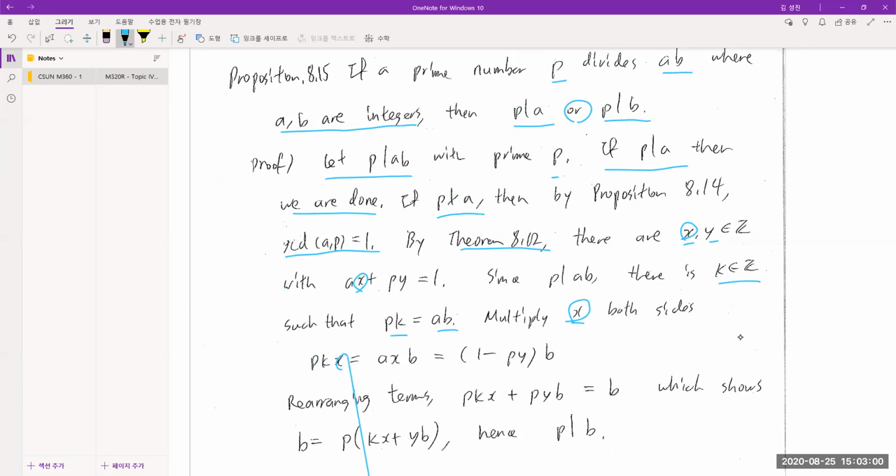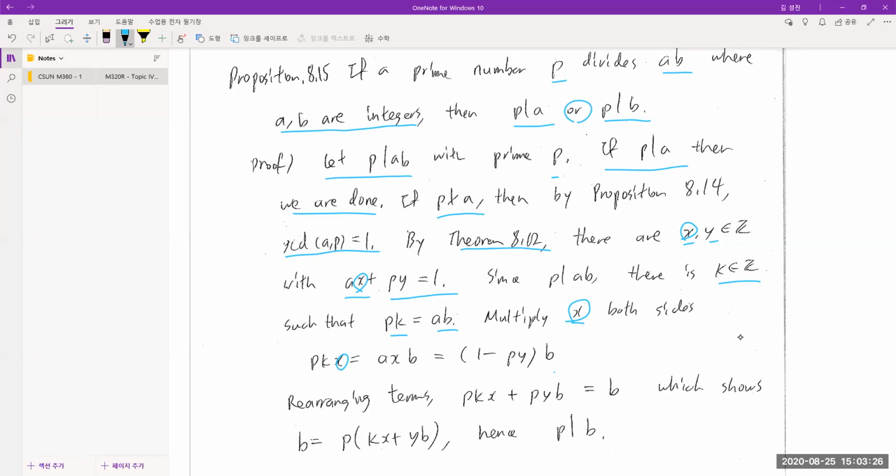Then Pkx equals Axb, by multiplying x on both sides here. But Ax is 1 minus Py. So Pkx equals 1 minus Py times b.